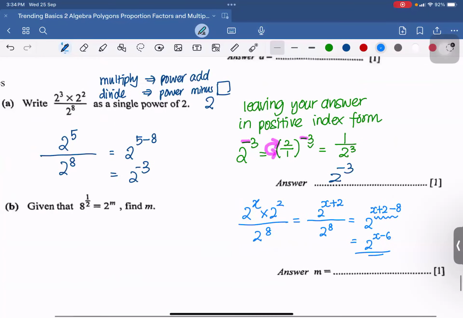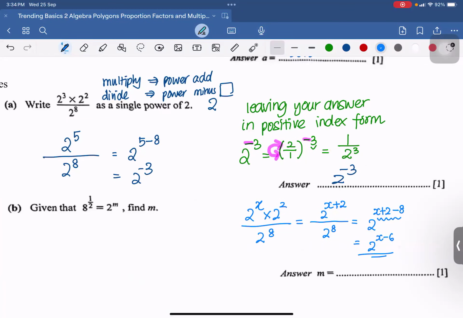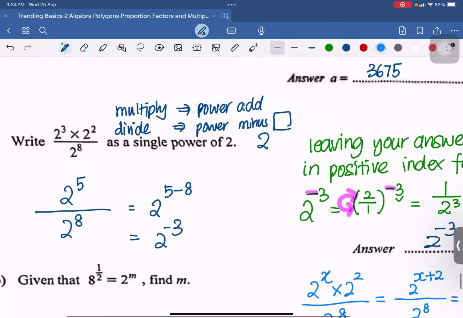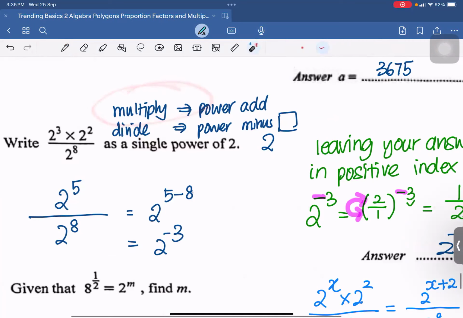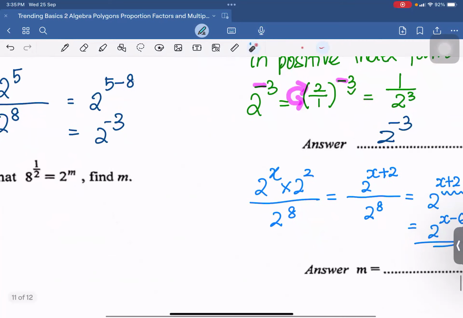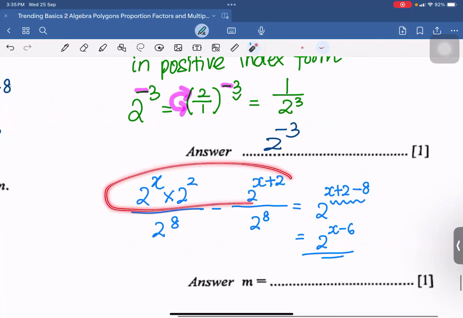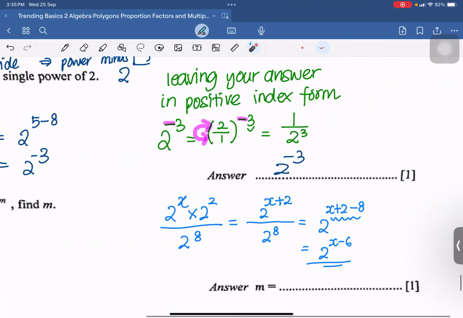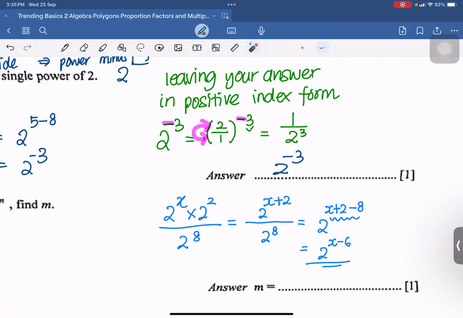Although the question trend is very old and very standard, nowadays they like to add in algebra. So you must apply the concepts accordingly. It may involve algebra, but the thing still works the same way. Is this okay?